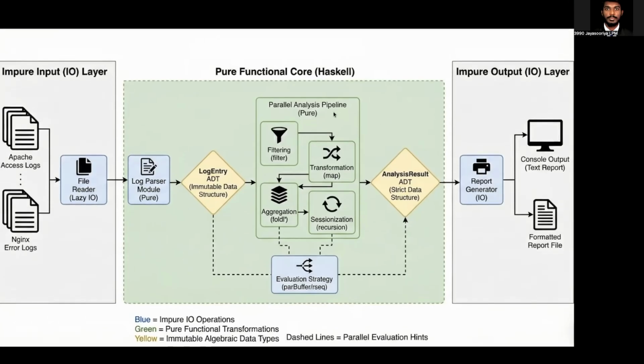In the pure functional core, the brain of our system, the log entry algebraic data type is our schema. It is immutable. Once a log entry is created, it cannot be changed. This eliminates a massive class of bugs known as race conditions, because multiple threads can read this data without fear of it changing under their feet. The parallel analysis pipeline has a filter, a higher-order function that strips out noise, transformation, which converts the data into the required shapes, and aggregation, which uses a strict left fold.